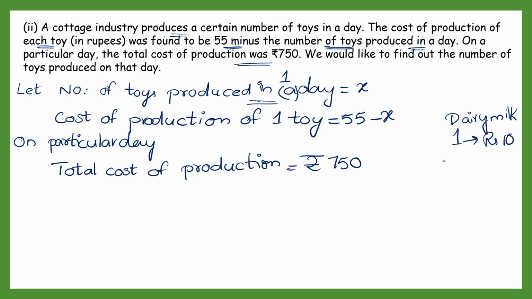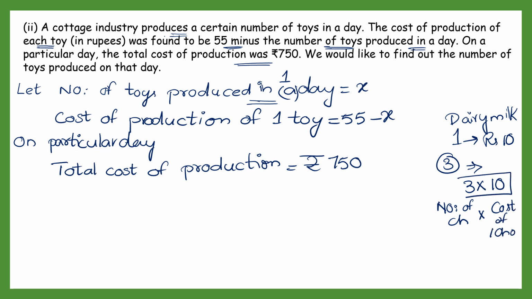We want to buy 3 chocolates. If you want to buy 3 chocolates, what is that? 3 into the cost of one chocolate. That means the number of chocolates into the cost of one chocolate. Then you will get the total amount you need to buy 3 chocolates.